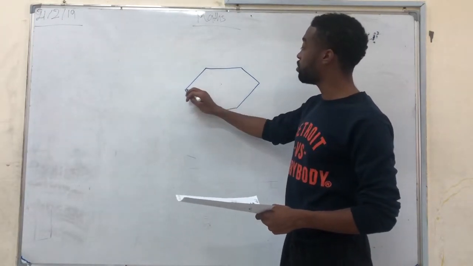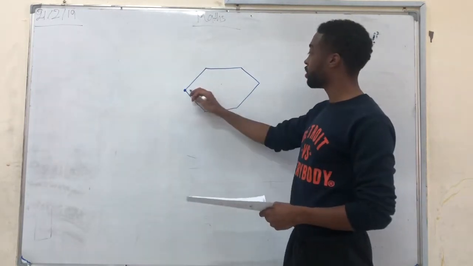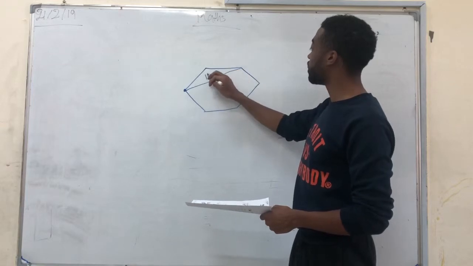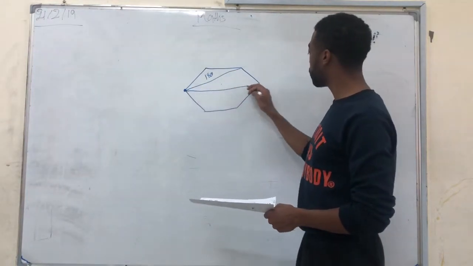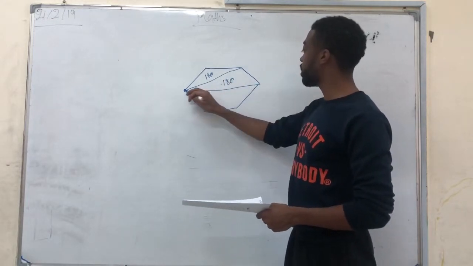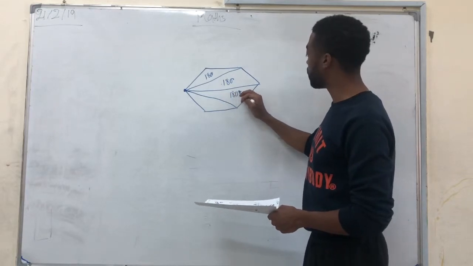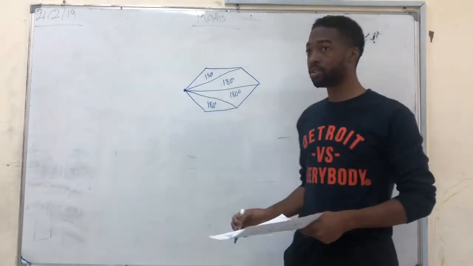So what I'm going to do is use this as my point, and I have a triangle here, that's 180. I have a triangle here, that's 180. I have a triangle here, that's 180. I have a triangle here, that's 180.